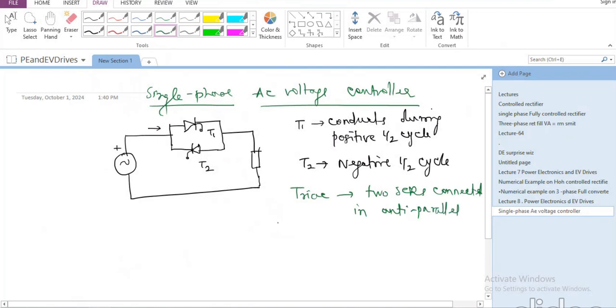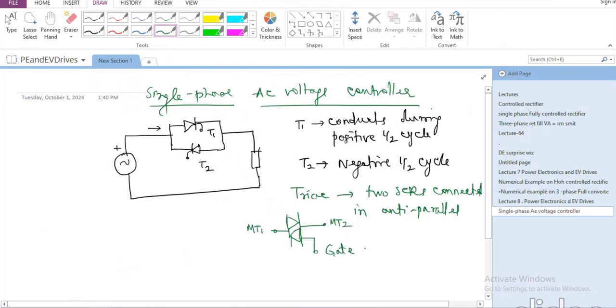Generally, for the triac, you have one triangle in this way and another triangle in this way, and then the symbol is going to be somewhat like this. These are the two terminals. One is called MT1, the other is called MT2, and the third one is called the gate.